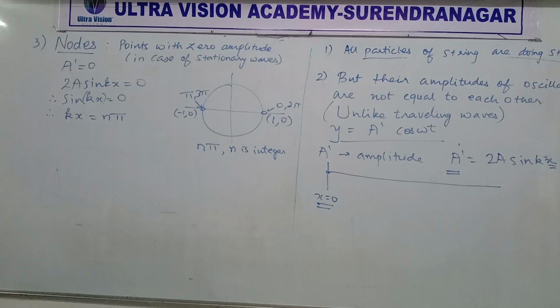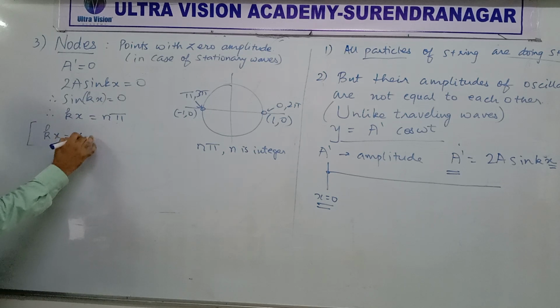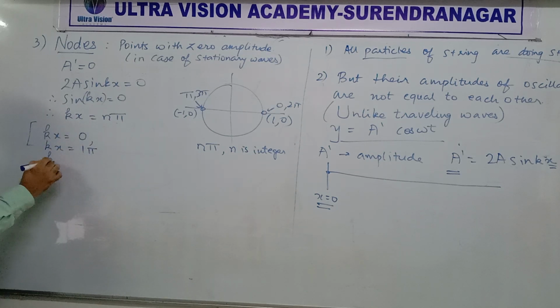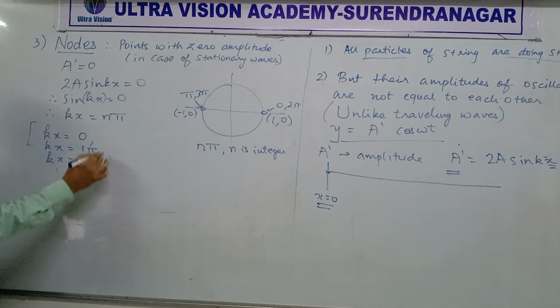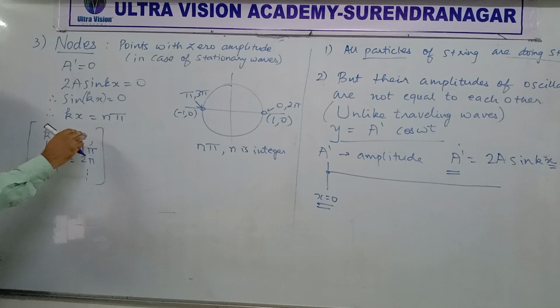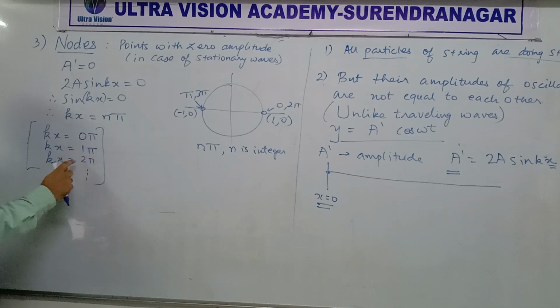Got it? If you don't like this, I have another way. You can write it as follows. Soon you will understand the pattern. Did you get the pattern? 0 means 0 pi. 0 times pi is 0. 0 pi, 1 pi, 2 pi, 3 pi, 4 pi, like that.